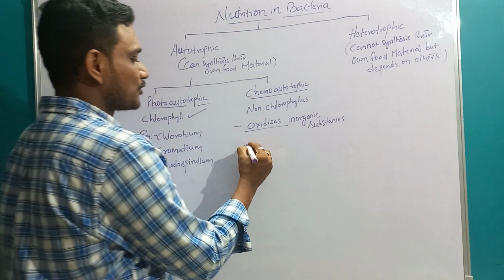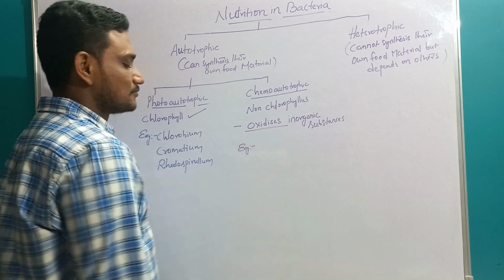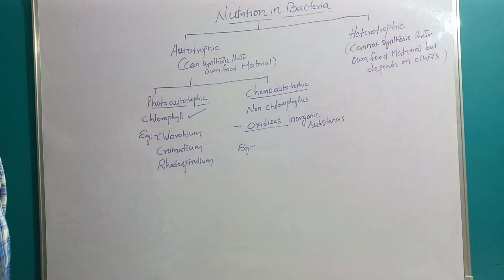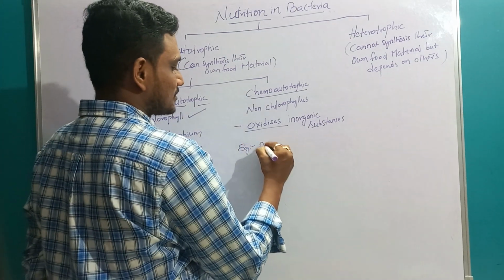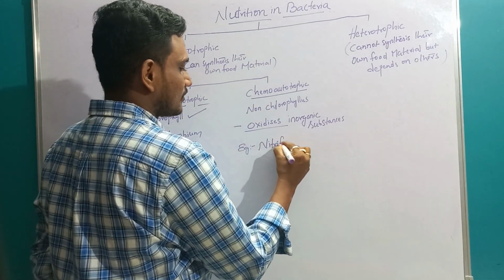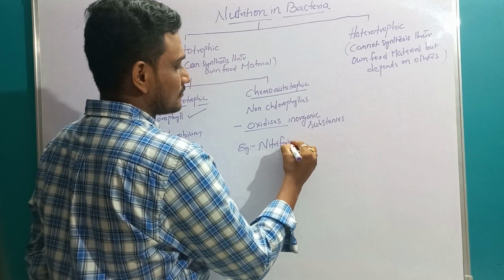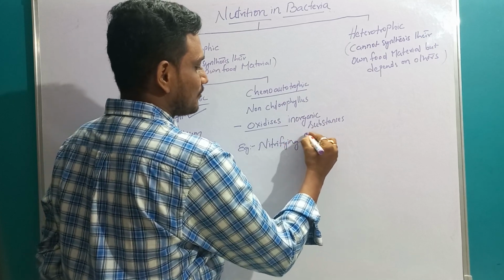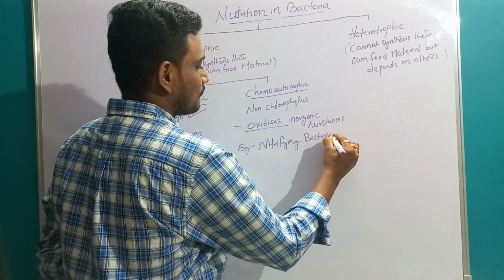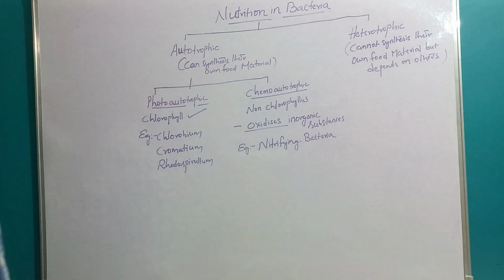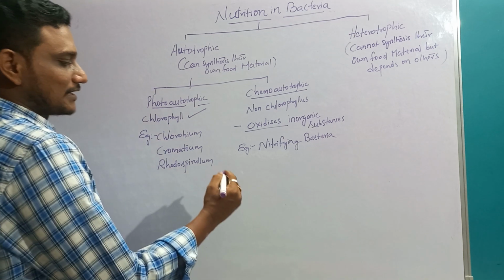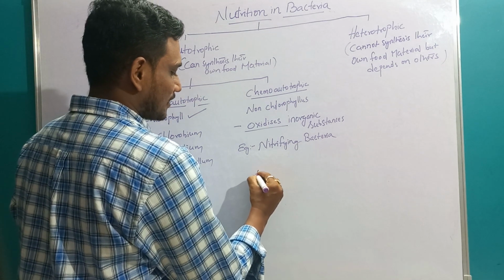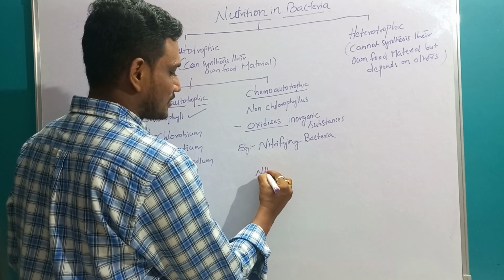The best example is nitrifying bacteria. They prepare their own food materials by oxidizing inorganic substances.